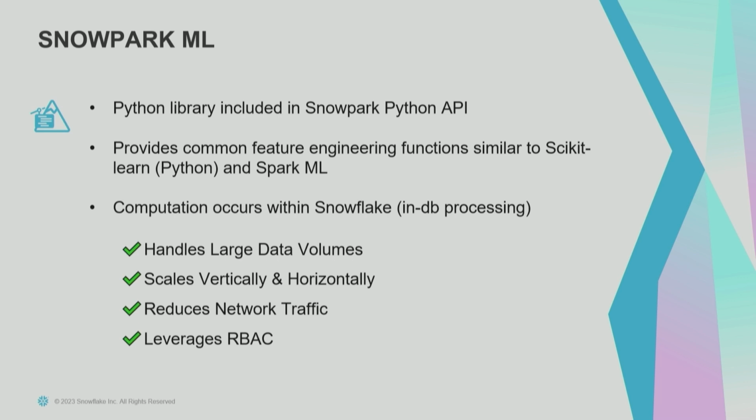While Snowpark data frames are flexible, we soon realized that to leverage some of the common feature engineering techniques available in scikit-learn, for example, we had to convert our Snowpark data frame to pandas. So the minute we did that, we're moving data out of Snowflake and into our notebook environment memory. It's still transferring the data out.